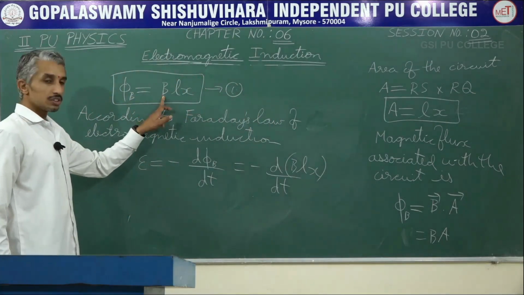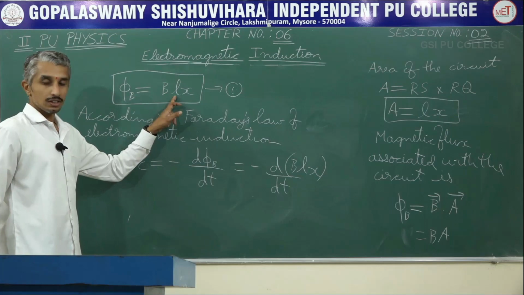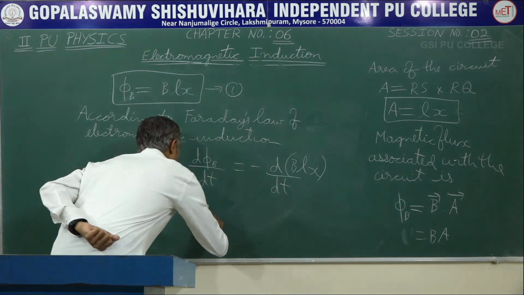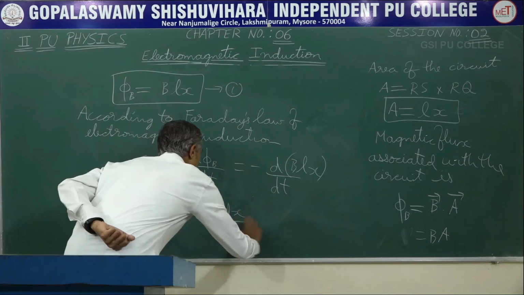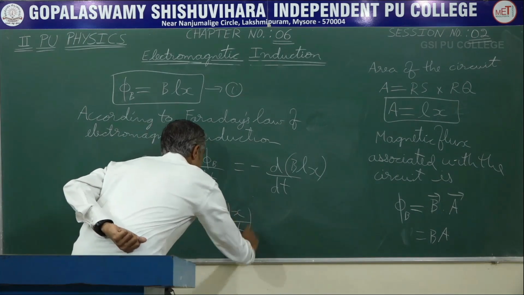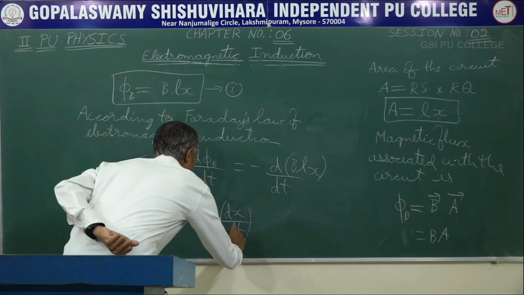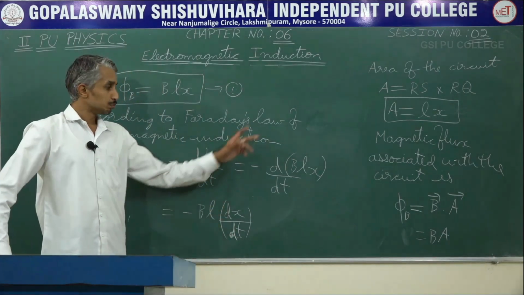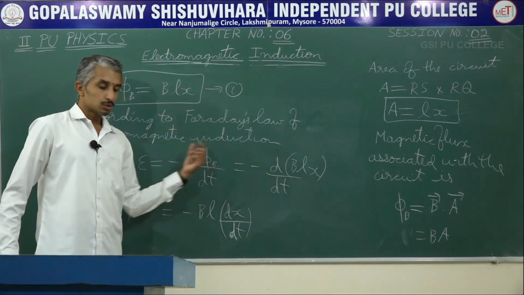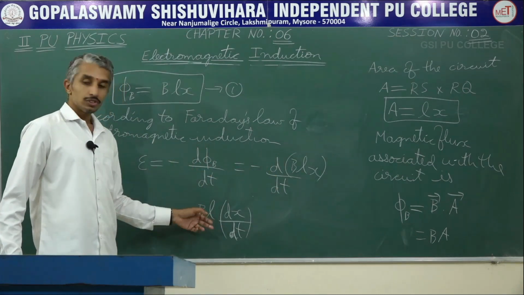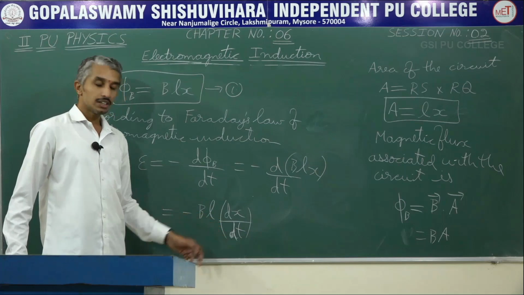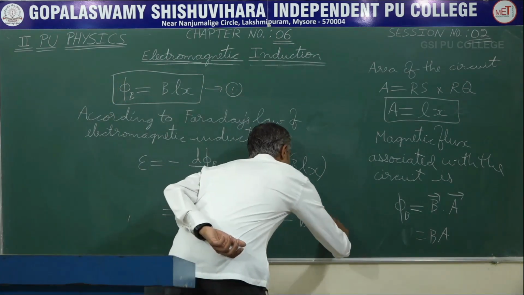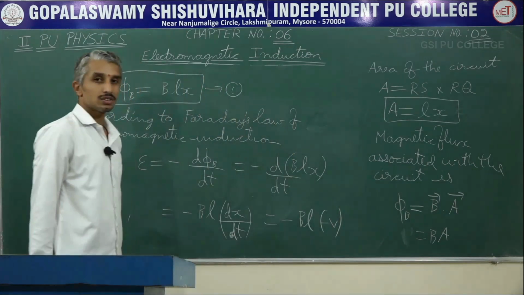Here the magnetic field B is constant and the length L is constant, so this will give us minus B L dx by dt. As the arm PQ moves towards RS, dx by dt can be written as minus v, so minus B L into minus v.